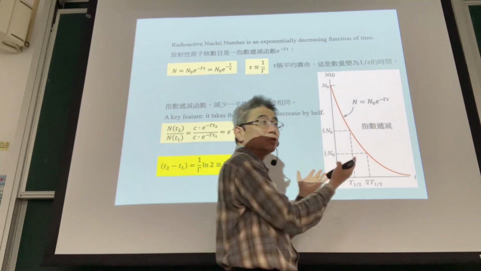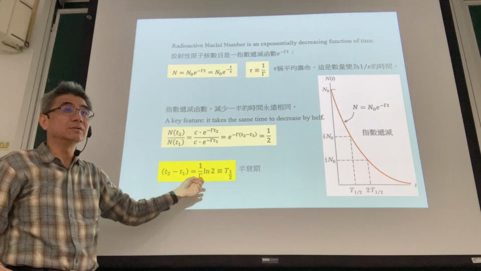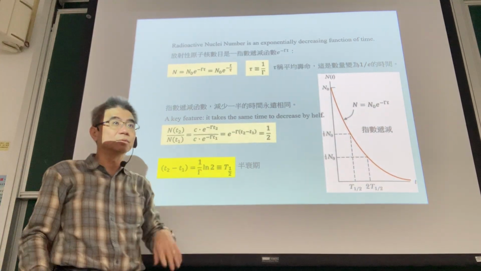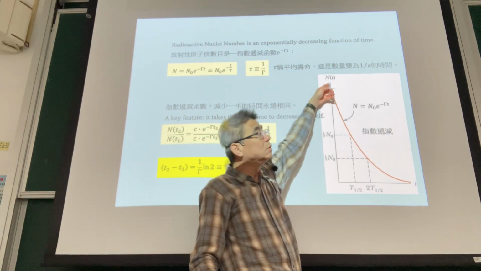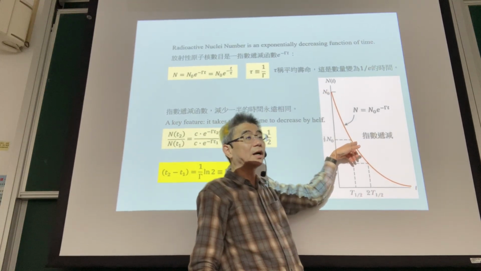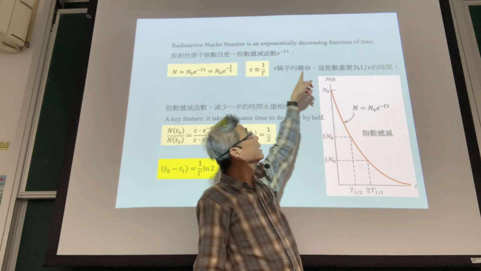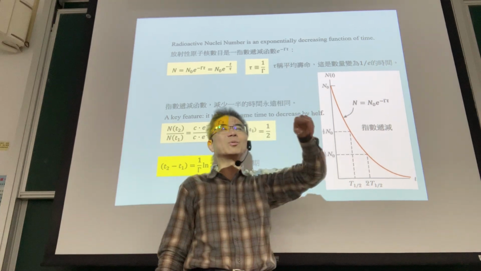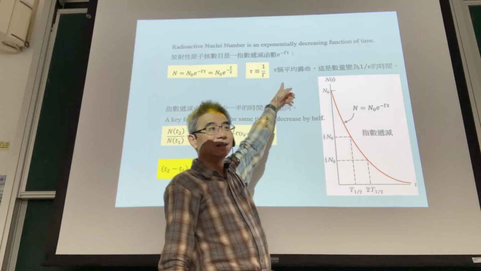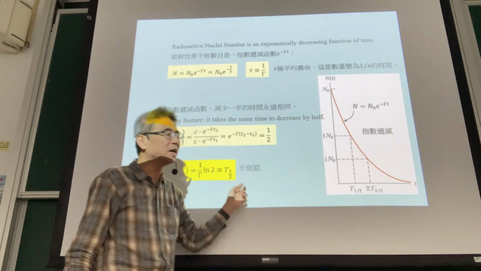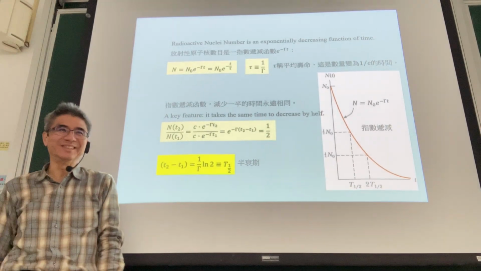But they are intrinsically almost identical. You only need to multiply by log 2. Then when to use which? When you want to know how long it takes for this guy to decrease by 1/2.7, then it is the average life. But it's always easier to use half-life because 1/2 is much easier.